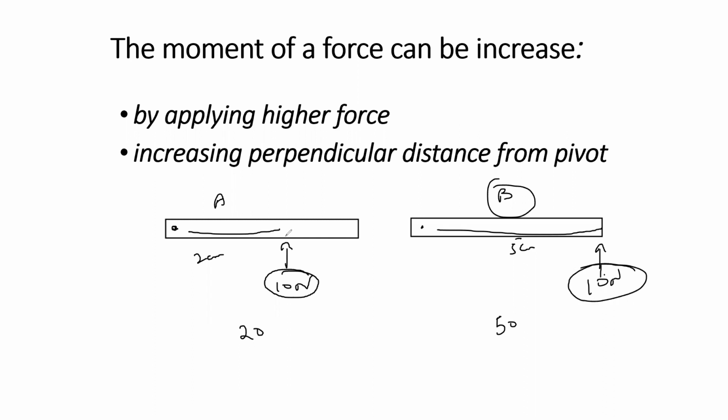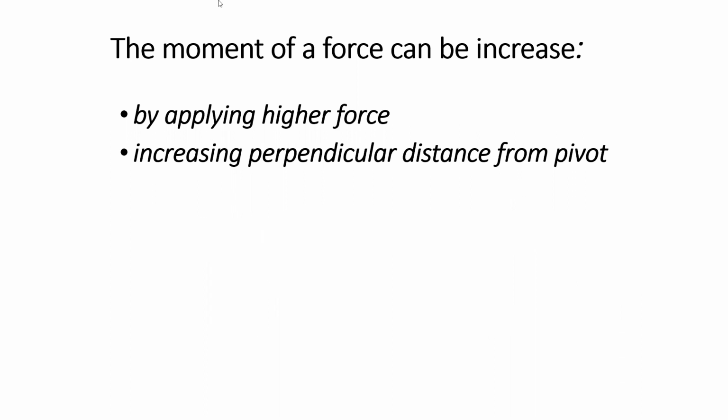Here, we are applying a force closer to the pivot, and in the other example we are applying a force away from the pivot. That is why door handles are always placed far from the pivot, at the end. For example, if a door is fixed from this side, this is the fixed side or the pivot.